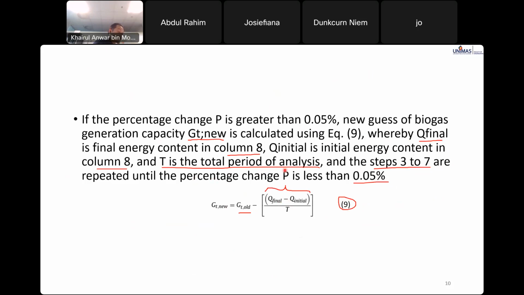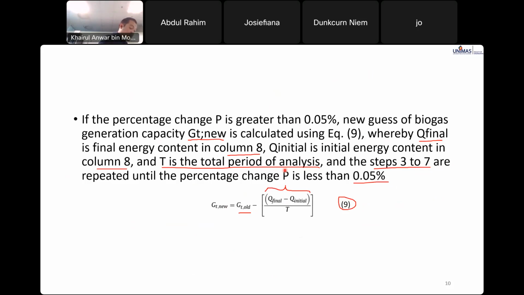So 18491.53 minus 770. 18491, which is the Q final, divided by 24 times slice.